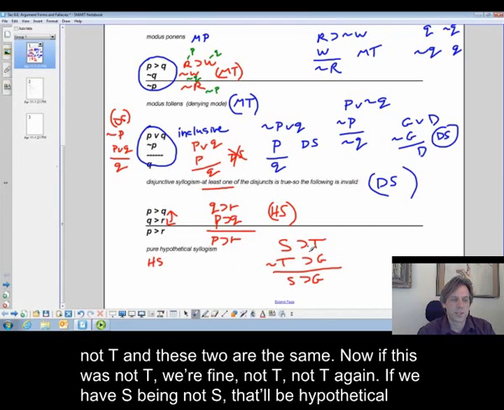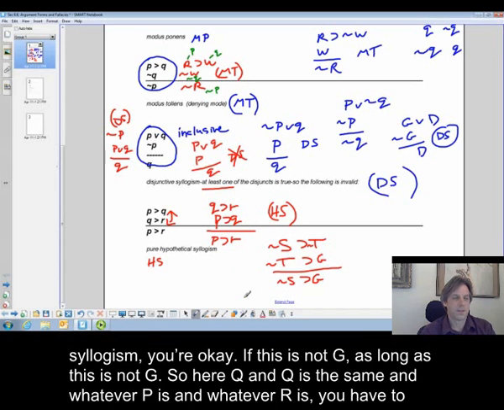Now, if this was not T, we're fine. Not T again. If we have S being not S, that'll be hypothetical syllogism. You're okay. All right? If this is not G, as long as this is not G.